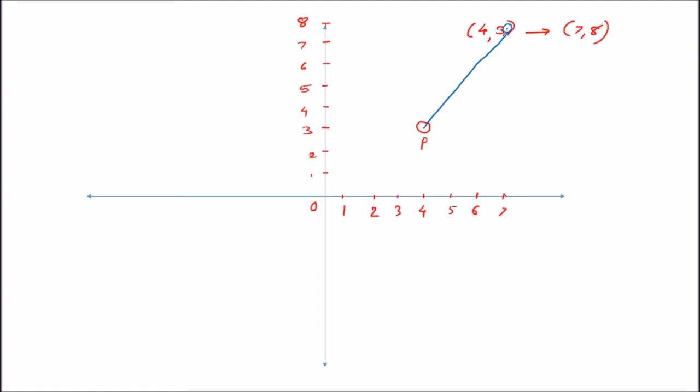So it is translated to this one. This is 4, 3 and this is 7, 8. So we are getting the translation.